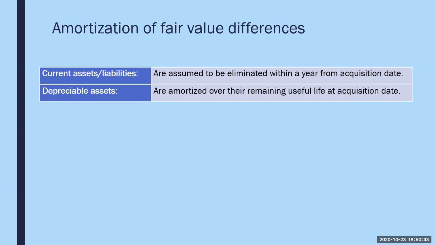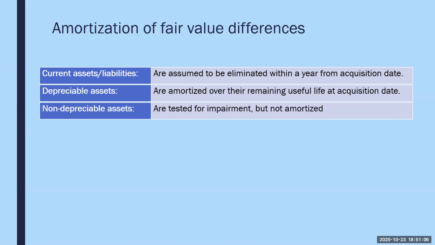For depreciable assets, these are amortized over their remaining useful life at the date of acquisition. So if on the date of acquisition, the depreciable asset had 5 years remaining, then the fair value difference will get amortized over 5 years.